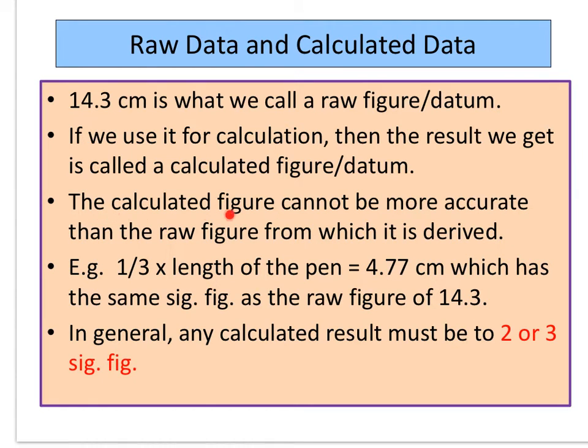The calculated figure cannot be more accurate than the raw figure from which it is derived. For example, 1/3 times that raw datum of 14.3, which is the length of the pen, is equal to 4.77. 3 sig fig, and it says here, which has the same sig fig as the raw figure of 14.3.